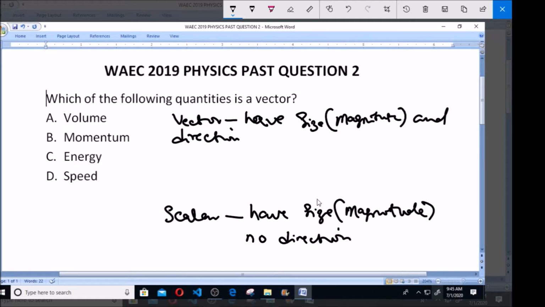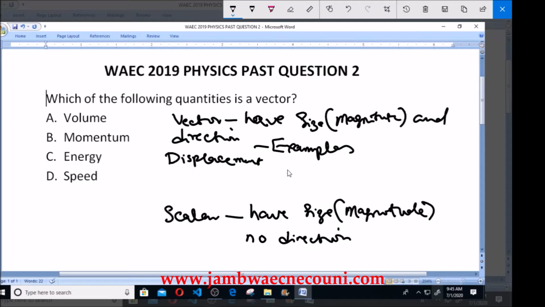So now let's look at examples of vector quantities. Now, when we look at things like displacement, you know, we have distance and we have displacement. If you're traveling from A to B, that is distance. But if you're traveling A to B in a specific direction, say north or east, that is displacement.